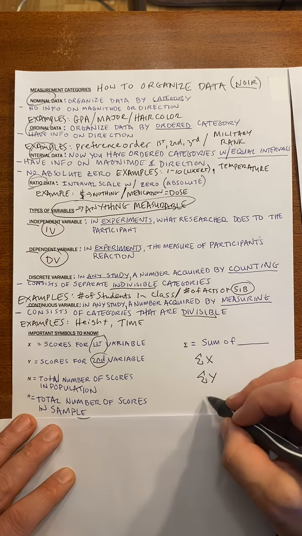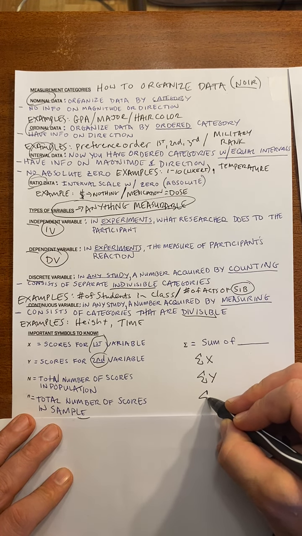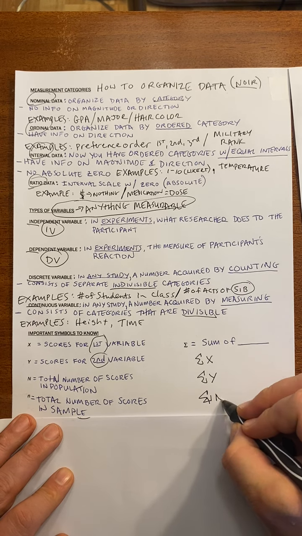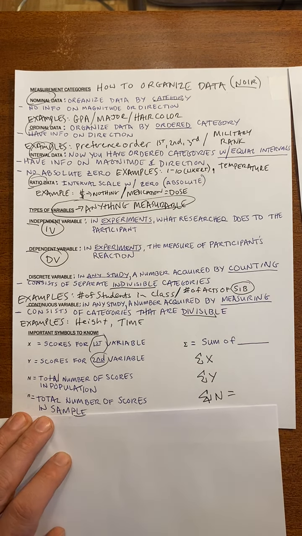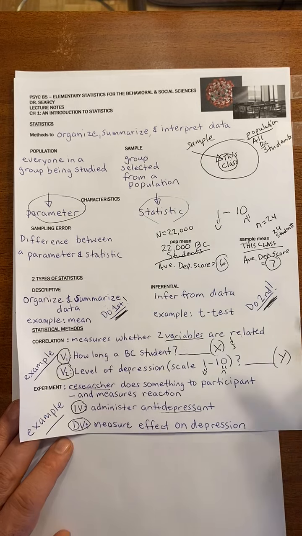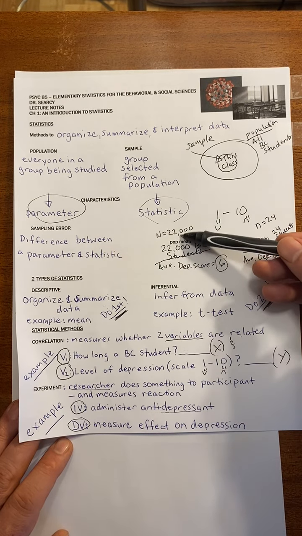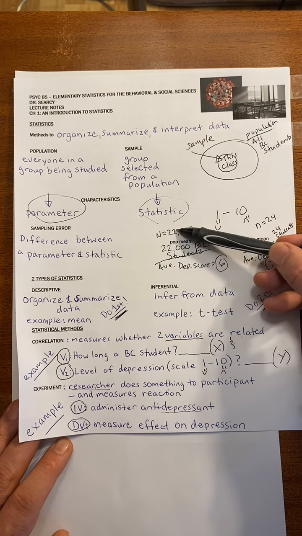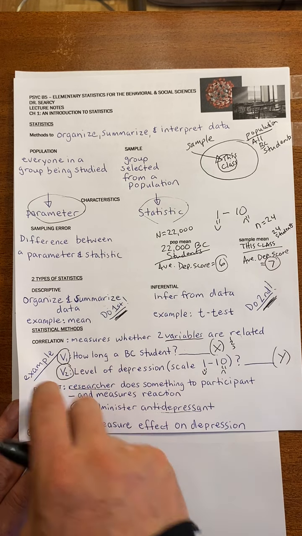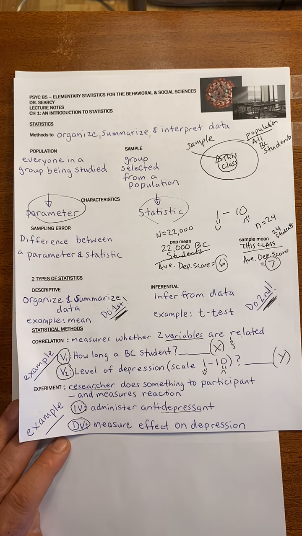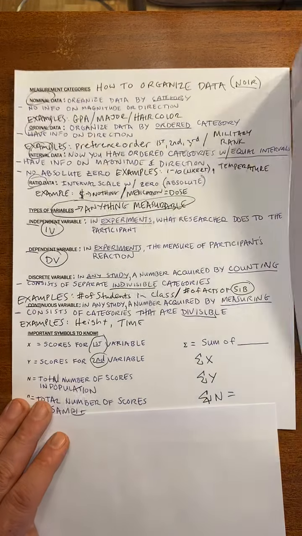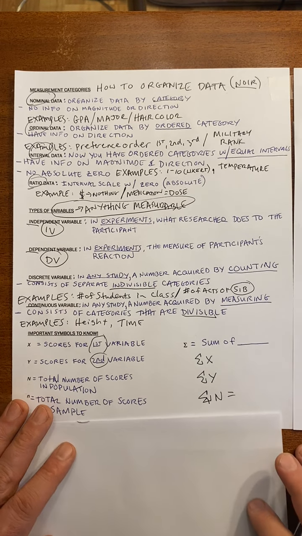You may also even have a sum of uppercase N. What's that? That's going to be where you take all participants and you add them up, right? So 1 plus 2 plus 3 plus 4, all the way up to that 22,000, and you're going to get some huge number from that.